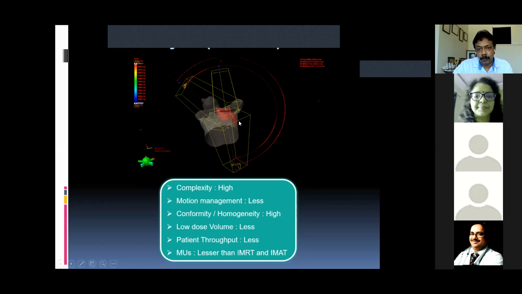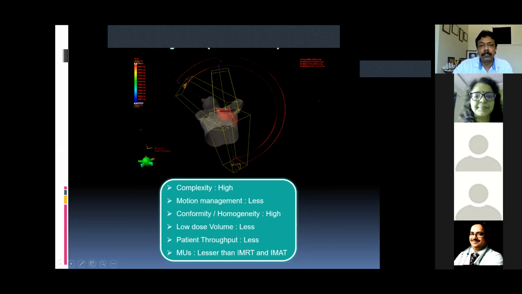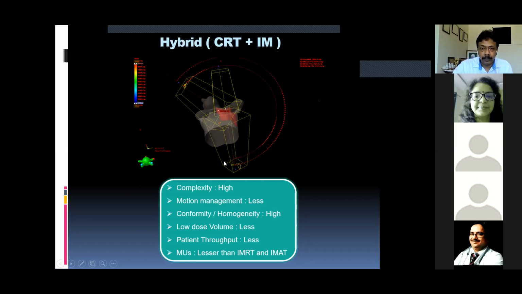intensity modulation for a curved target structure, where the heart and lungs exist, and we can restrict the dose to heart and lung using this arc technique. We combine this arc with the conventional 3D CRT beams or static beams like this. I cannot rotate here.